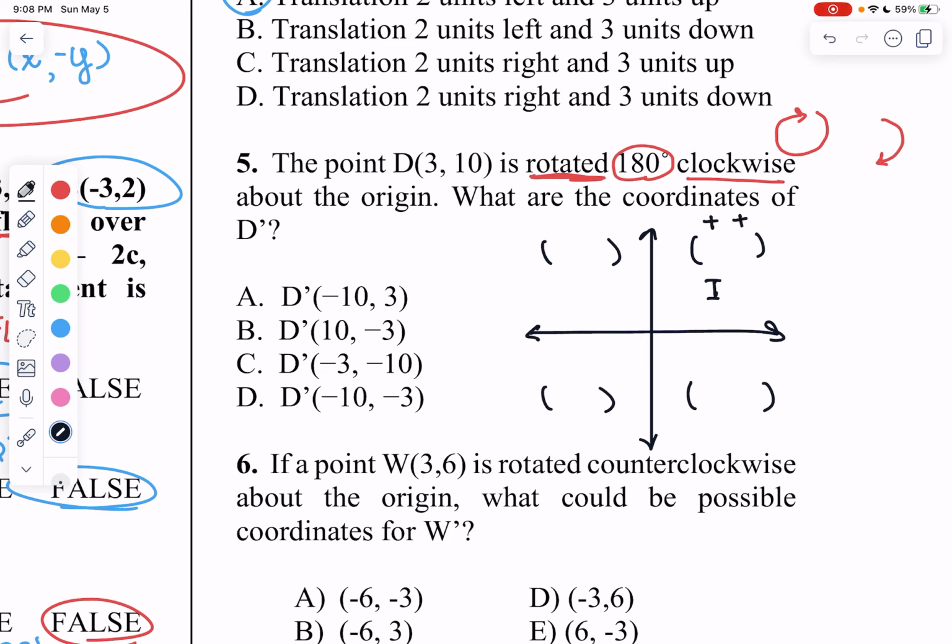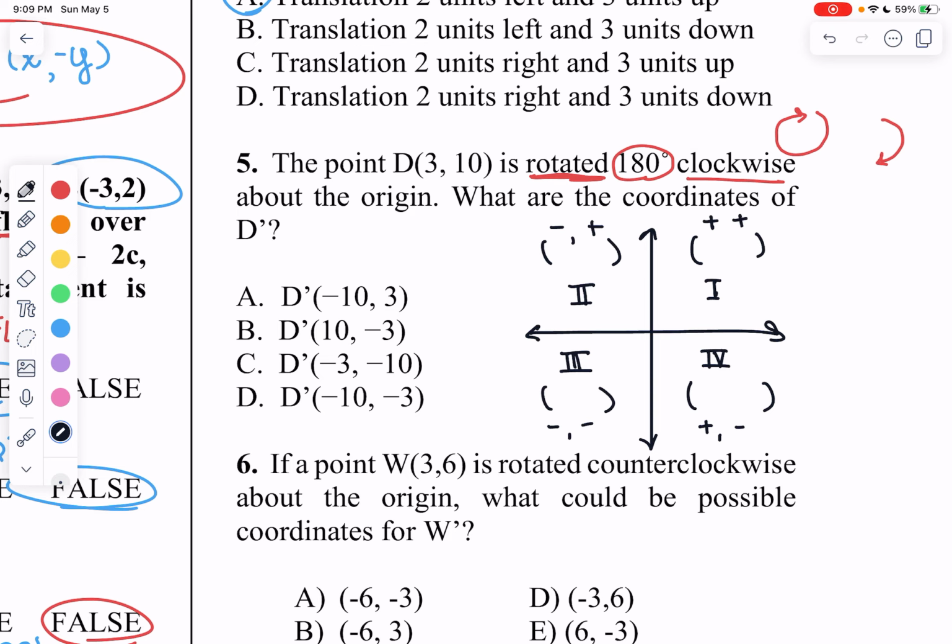In my second quadrant, my x is going to be negative now, and my y is still positive. In my third quadrant, I have no idea about the Roman numerals, y'all, x and y are both negative, though. I know that. And then my fourth quadrant, I think that looks like this. My x is positive now, and my y is negative.